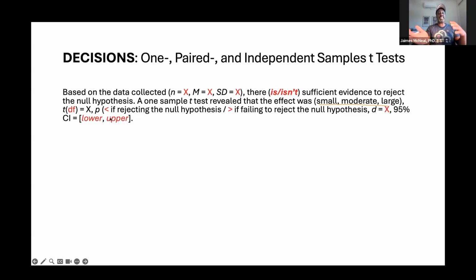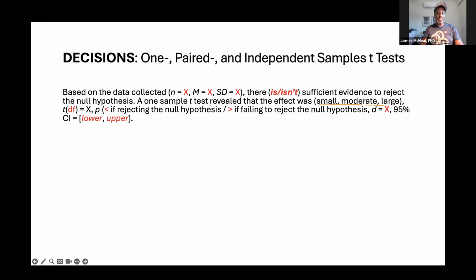And then p is less than 0.05 if we are rejecting the null hypothesis, and it's more than, let me fix that. You're getting to see me do something as it's happening. Fix that. Depending on what our alpha is, most of the time we are using an alpha of 0.05.